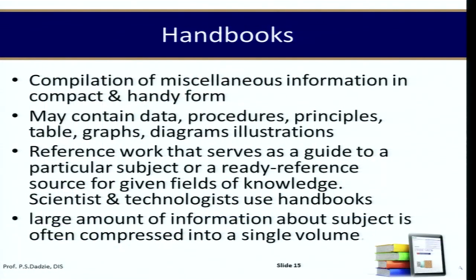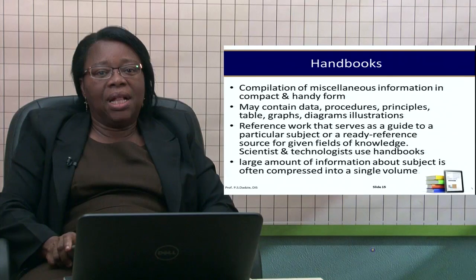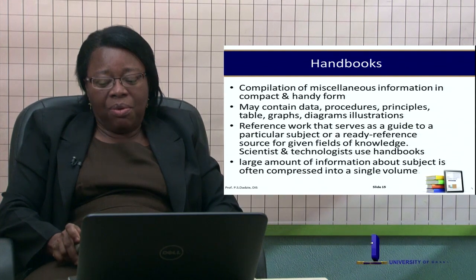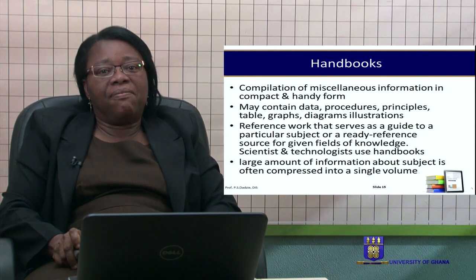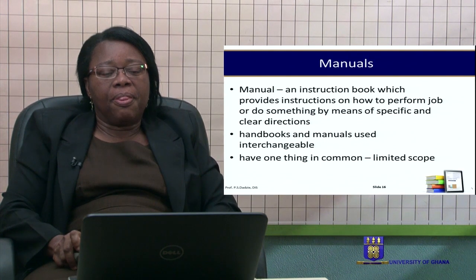When you go to the pharmacies, you find their pharmacopoeia there. These are handbooks, and they consult them as and when they need to make reference to them. So the handbooks also contain large amounts of information, often compressed in a single volume. And that is why we refer to them as fact sources.